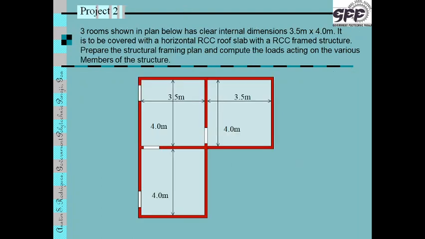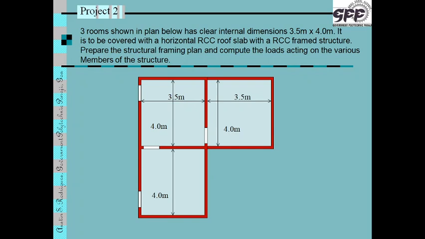Let us look at another project, project 2. In this case, suppose we have 3 rooms. As I said earlier, study the plan properly. All the 3 rooms have the same dimension, and we are supposed to design the horizontal RCC roof slab with an RCC framed structure.